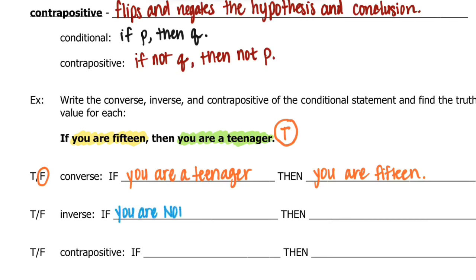So if you are not 15, then you are not a teenager. Well, we know that's not true either, because if you're not 15, you could be 14 or 13 or 17 or 16 or 18 or 19, and those are all teenagers as well.